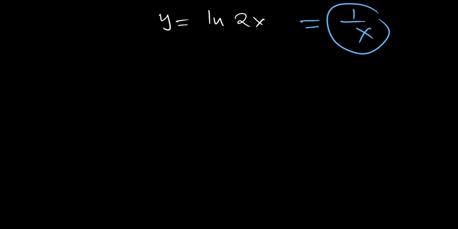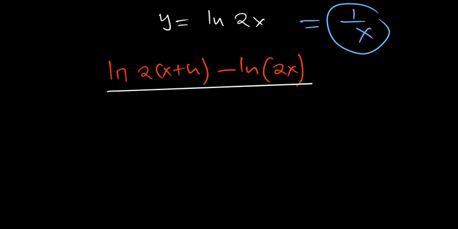If you had to substitute, of course, in the same equation that we were looking at, you're going to have something like the natural log of, so imagine you plug in there the x plus h, right? You'd have natural log of 2 times x plus h minus the natural log of 2x, right? And then all to be divided by h.